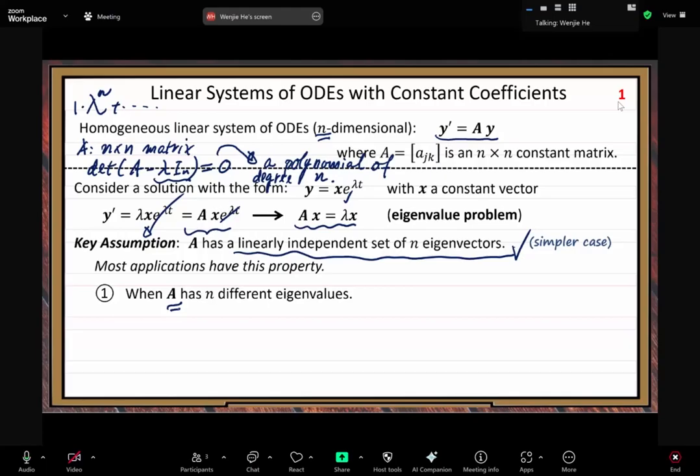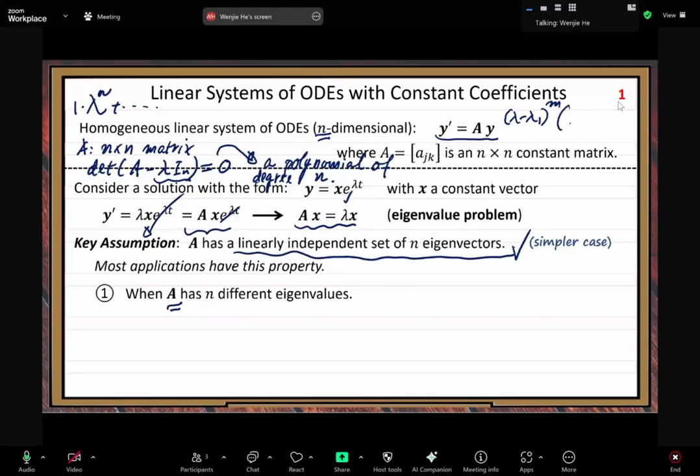Because one eigenvalue, for example, lambda 1, if we do the factorization, lambda minus lambda 1 could be repeated m times, right? So we call it multiplicity m.